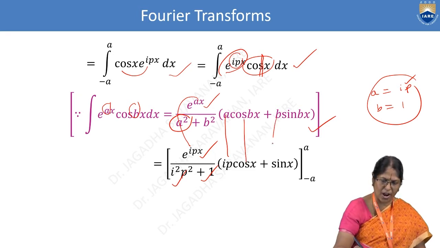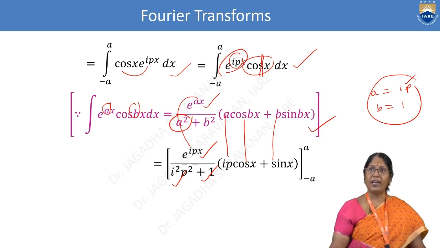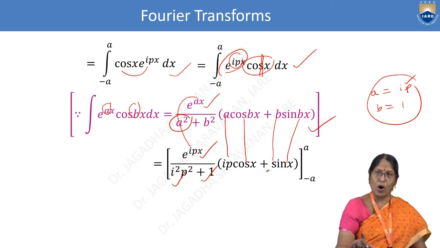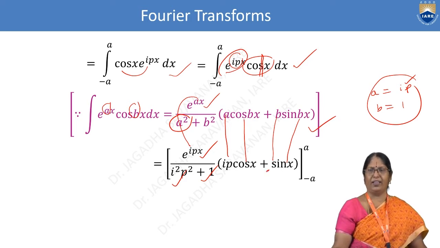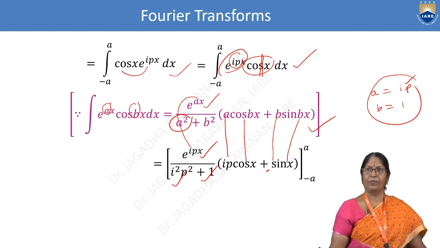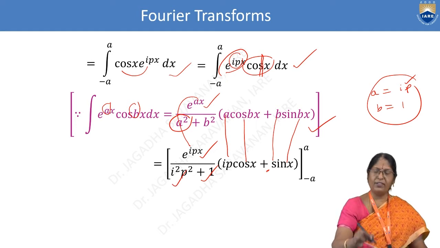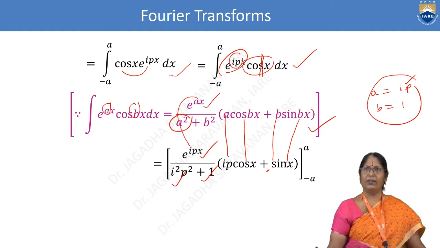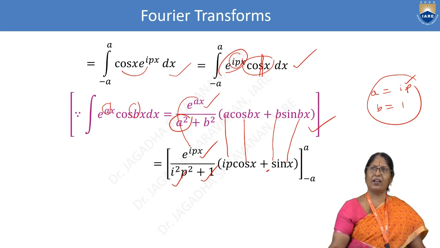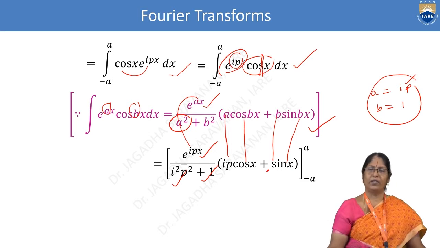Our B is 1, sin bx, that's sin x, with 1 into sin x, which is not written. So we applied the integral formula, the combination of exponential and trigonometry. We applied our problem in the formula place, and A and B we substituted.